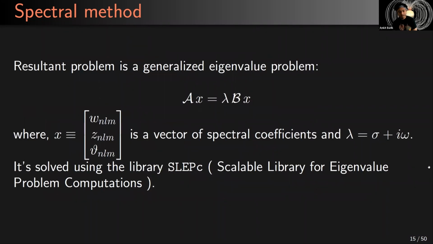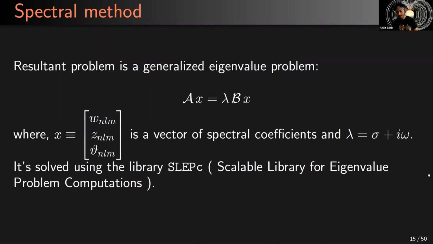And so the resultant problem, once you implement this expansion, is a generalized eigenvalue problem. And then you solve for the eigenvalue, which gives you the growth rate, and then you get your eigenvector coefficients. So the problem is solved using the SLEPc library, which is fairly fast, and that also makes the code fairly nice and easy to use.